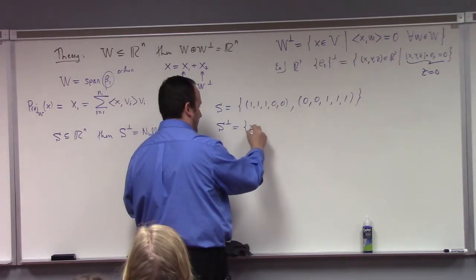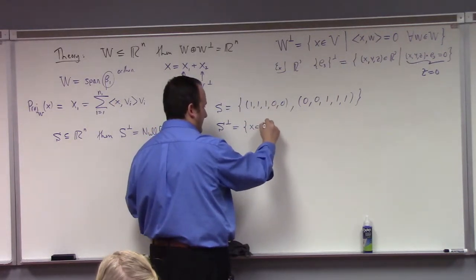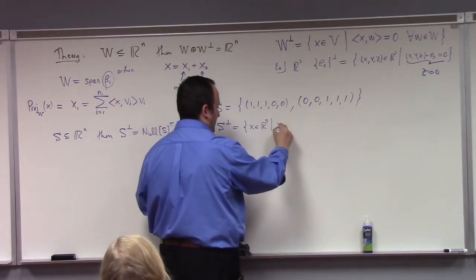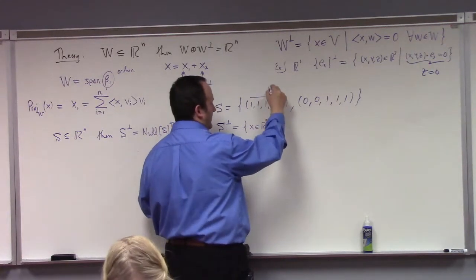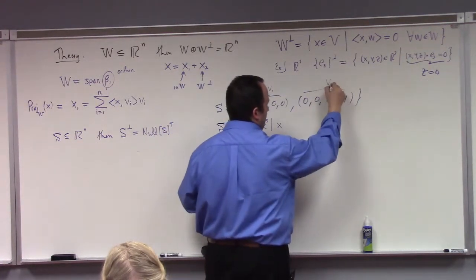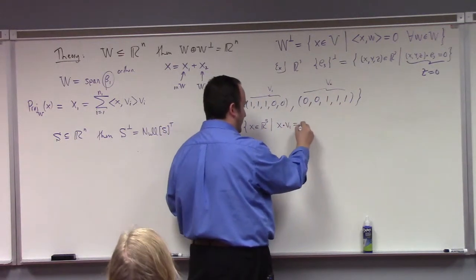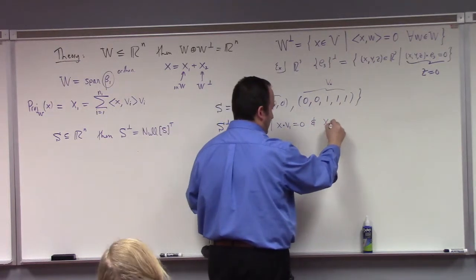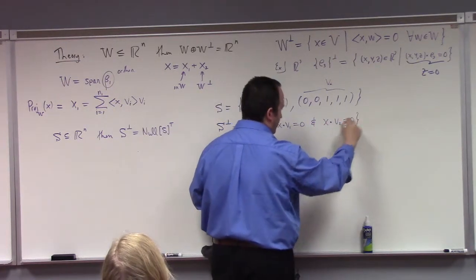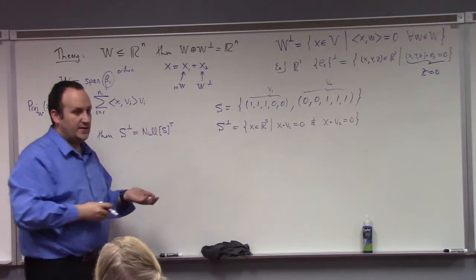It would be x in R5 such that x dot V1 equals 0 and x dot V2 equals 0, where I call these V1 and V2 for the sake of not writing them again. If I have both of those conditions, that's what it means to be in the perp.